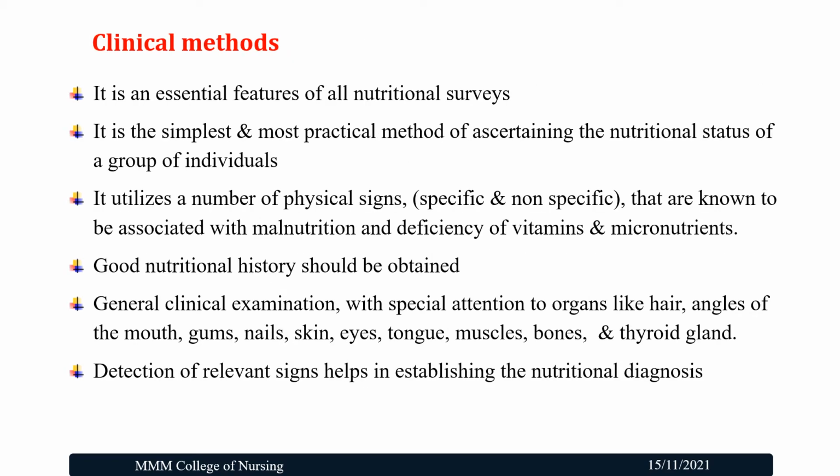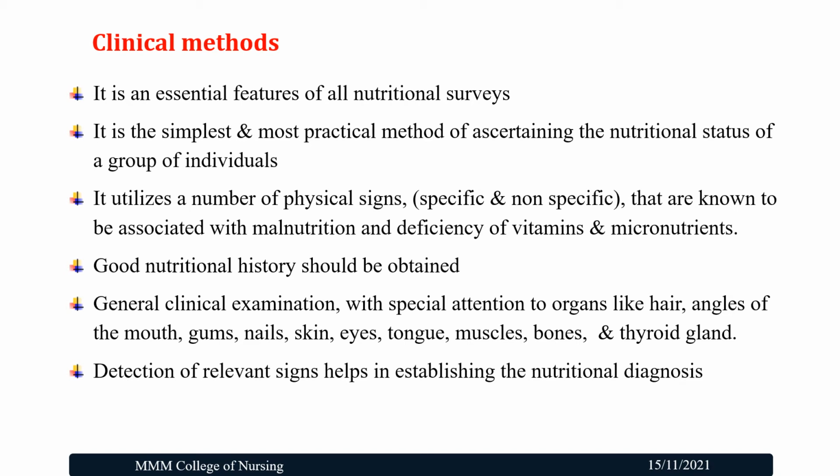Moving on to the clinical method of nutritional assessment. It is an essential feature of all nutritional surveys and also it is the most practical method of ascertaining the nutritional status of a group of individuals. There are a number of physical signs that are known to be associated with malnutrition and deficiency of vitamins and micronutrients. A good nutritional history should be obtained from an individual.